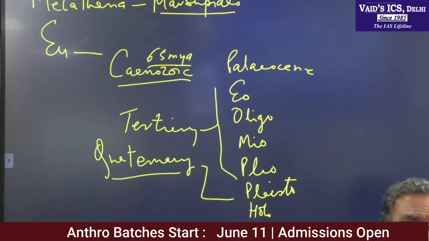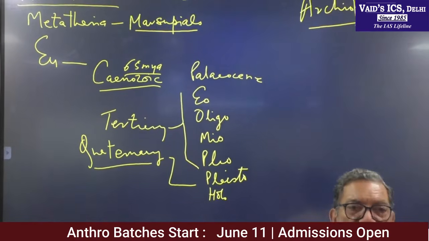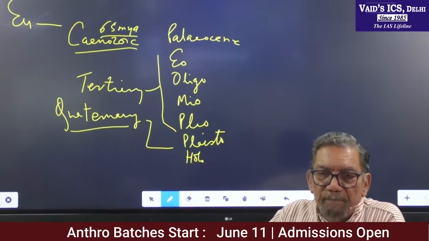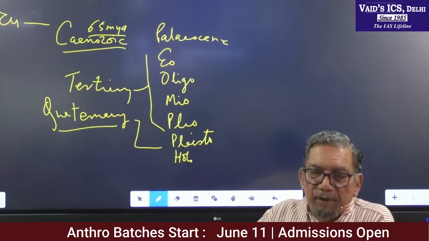In Paleocene evolved primates. But they were primitive primates. Primitive means some ancestral features are also present. Whenever you use the word primitive, it means there is some linkage with the ancestor. In Eocene evolved true primates.